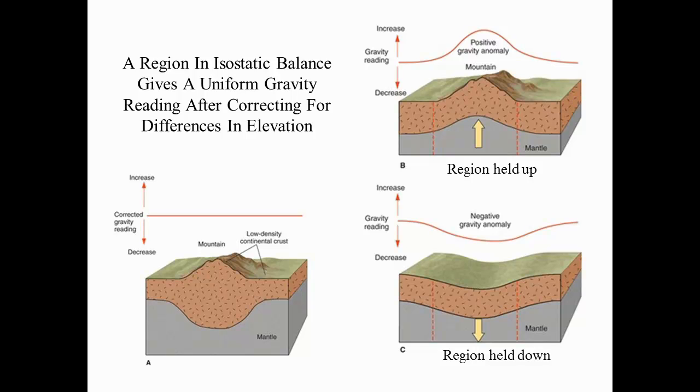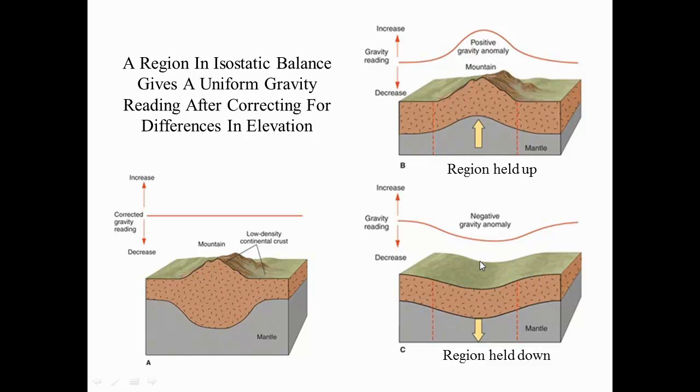Just take that. Okay. Because notice the figure in the upper right-hand corner, we have a region undergoing tectonic uplift. And as a result, we get a positive gravity anomaly where the gravity reading increases over that uplifted region.